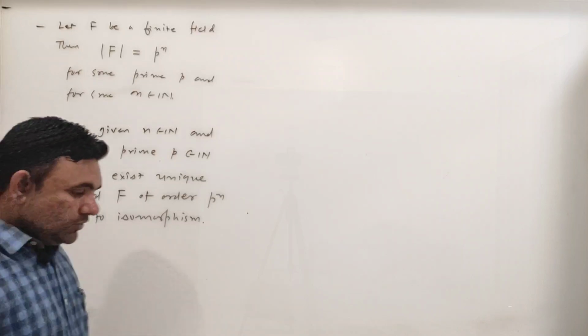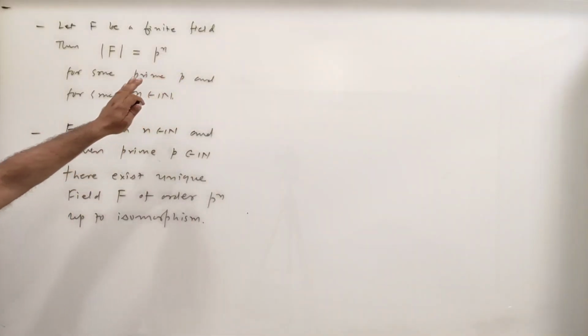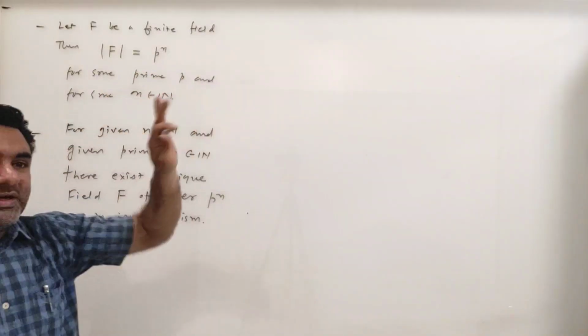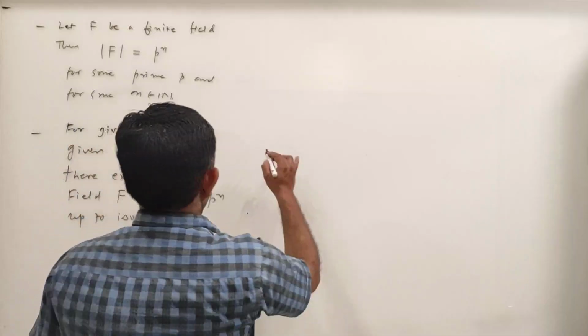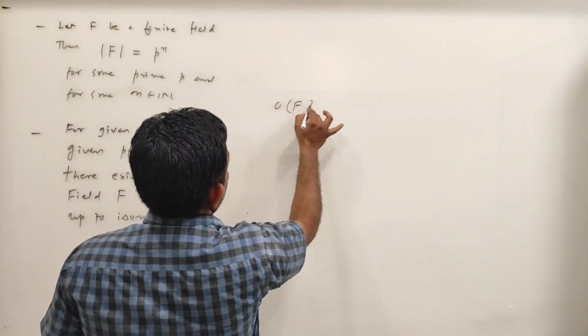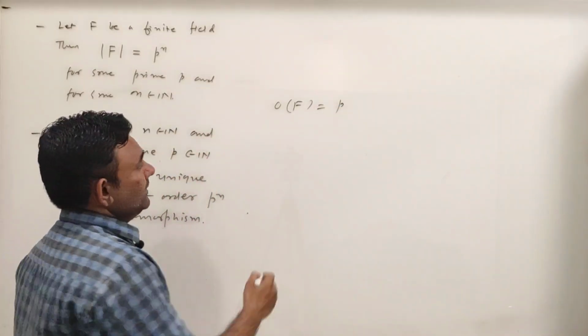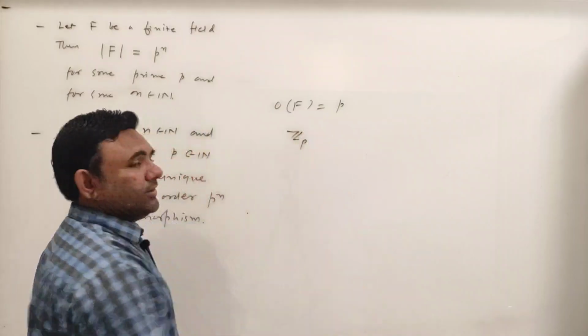Okay, so if I consider here n equal to 1 and p is any prime, then the order of F is p. तो p order का field कौन सा है? And it is immediately Zp.